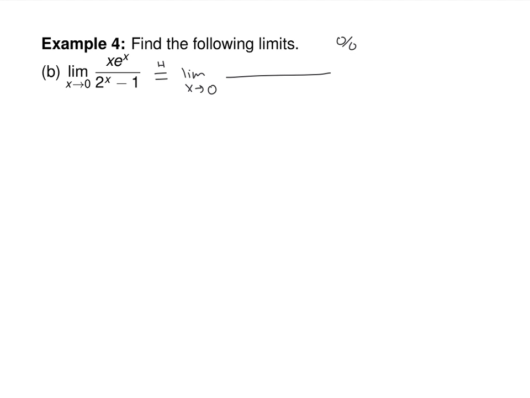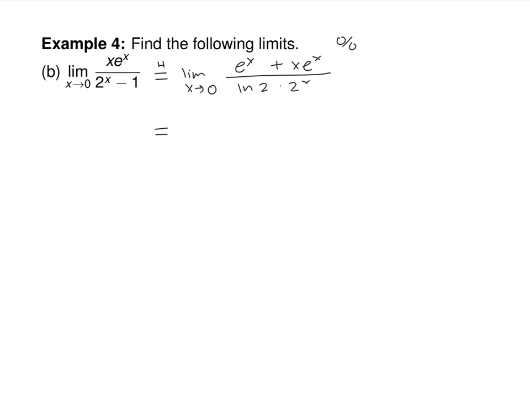e to the x plus x e to the x over natural log of 2 times 2 to the x. Do you guys agree with e to the x plus x e to the x over ln 2 times 2 to the x? You okay with that? One's derivative is 0. Okay. Now can you plug in 0?